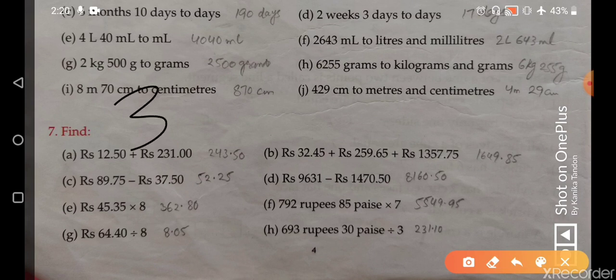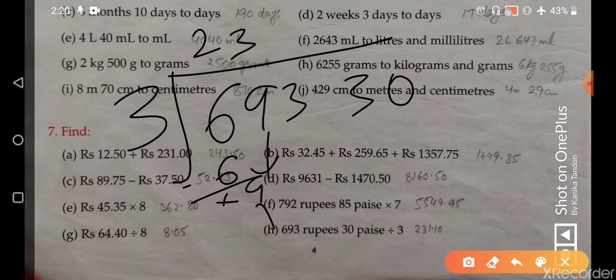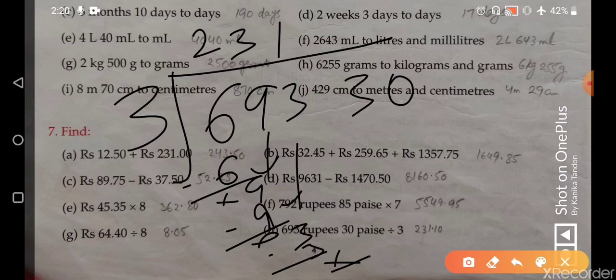division. 693 rupees and 30 paisa. So 3 2s are 6, 3 3s are 9, 3 1s are 3, and there is nothing left.